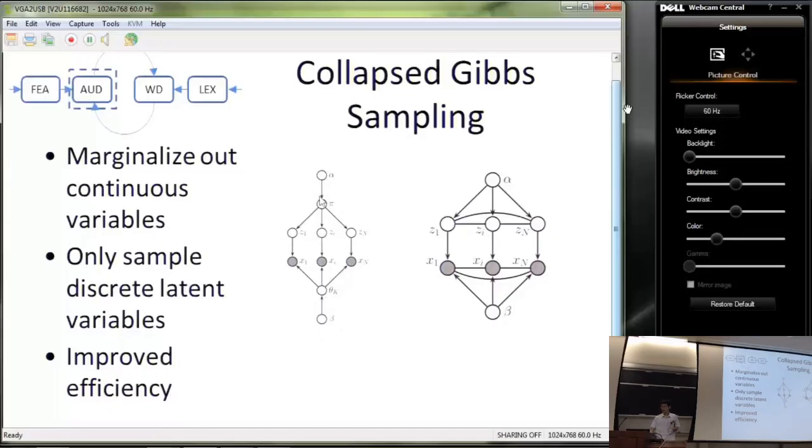When we collapse out the continuous parameters, so the weights and the parameters of the Gaussians, we obtain the graphical model on the right, where we remove those two nodes, and now we have dependency between the latent variables and the observations. This allows us to only sample the discrete latent variables, which are the cluster IDs. And the hope is that since we're now sampling in a much lower dimensional space, we can have faster convergence and achieve better results.